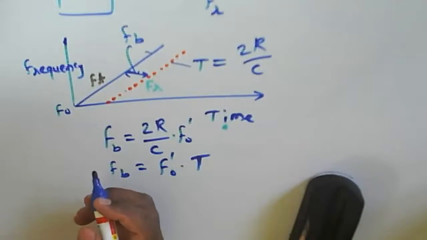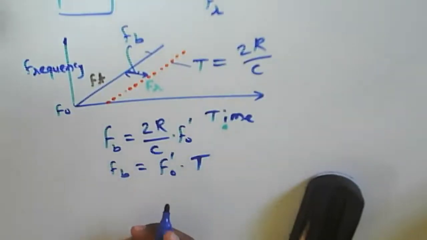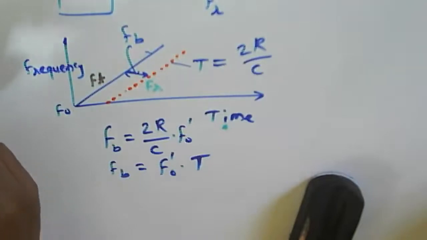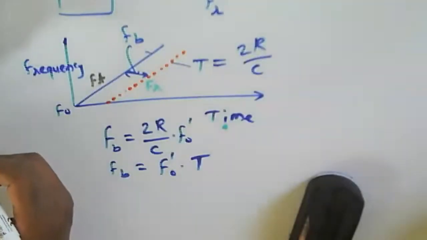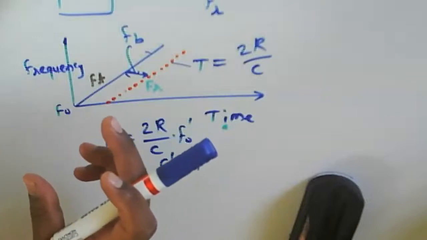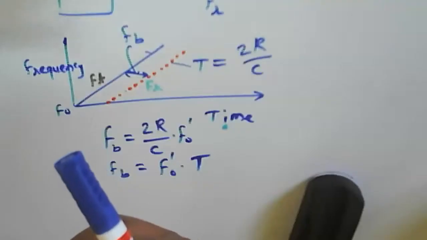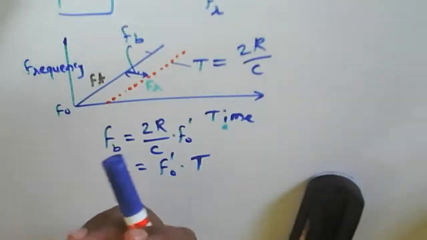Or we can define the beat frequency in terms of the modulation period or the modulation frequency there, or we can define it in terms of the modulation bandwidth.